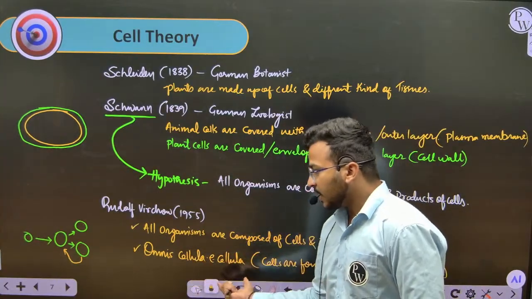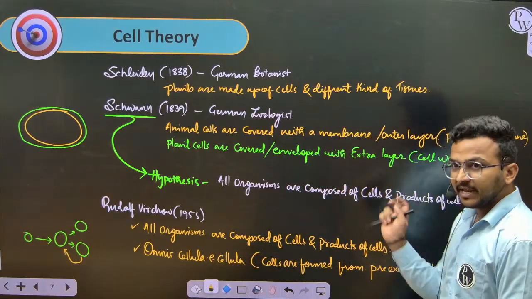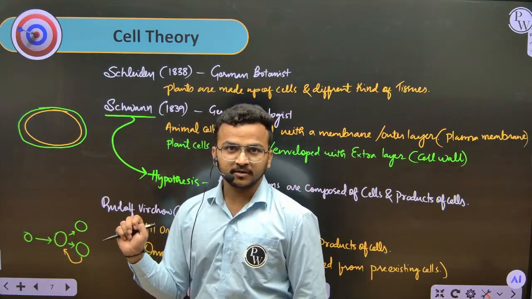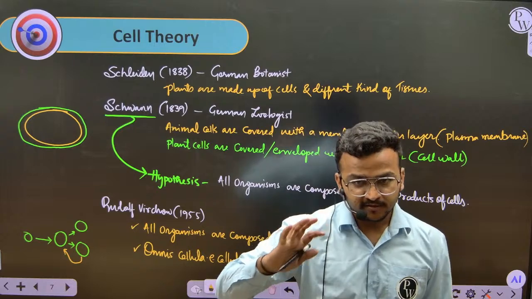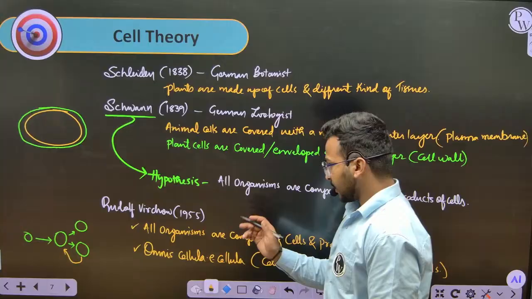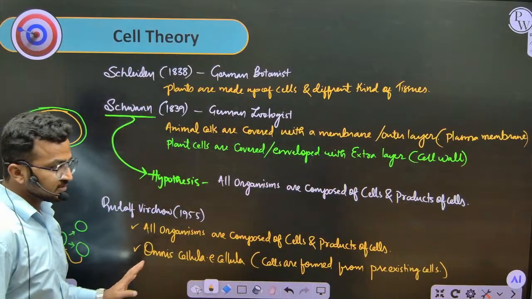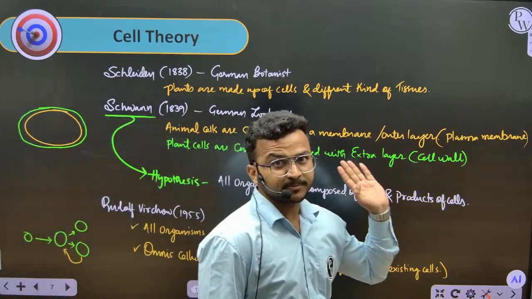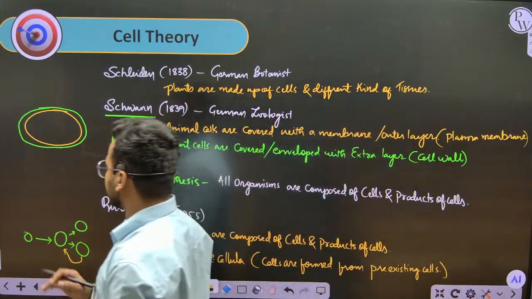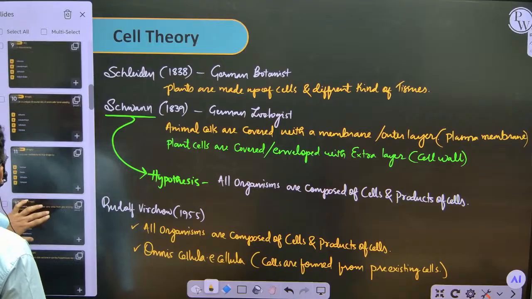Omnis cellula e cellula means cells are formed from pre-existing cells, and from those the new cells are formed. That is why it was given with a modern touch-up by Rudolf Virchow. From these scientists' statements, 8 questions have been asked in the past 10 years of NEET. So let us discuss some question answers related to this cell theory.